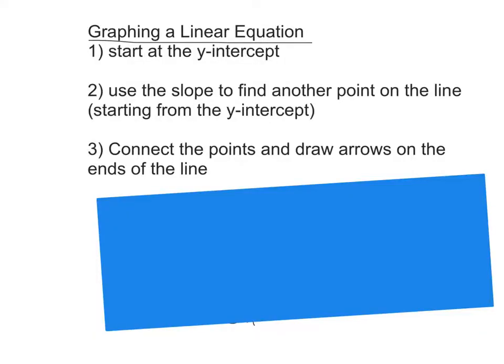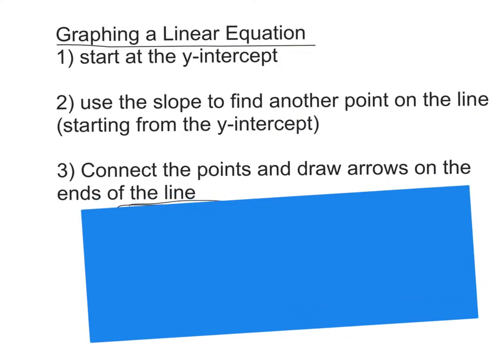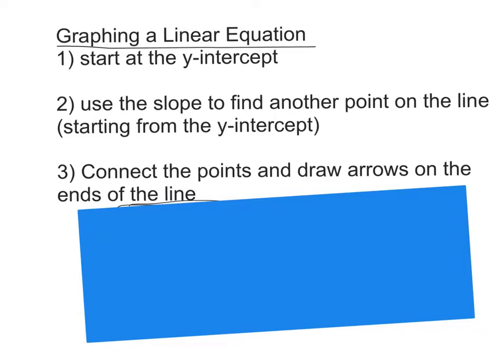So we just looked at how to find an equation if they give us information. The other thing is, we are going to sometimes have to graph equations. To graph linear equations, what we can do is start at the y-intercept, and then use the slope to find another point on the line.